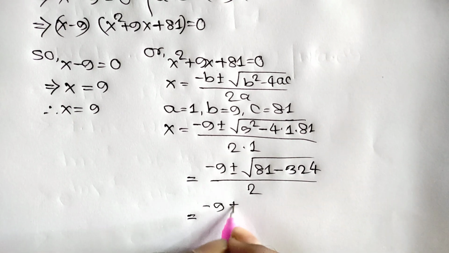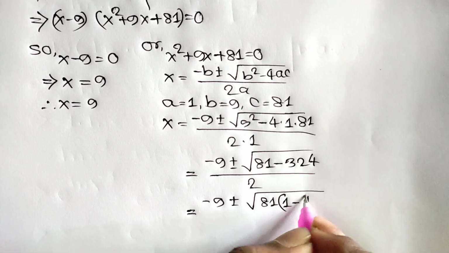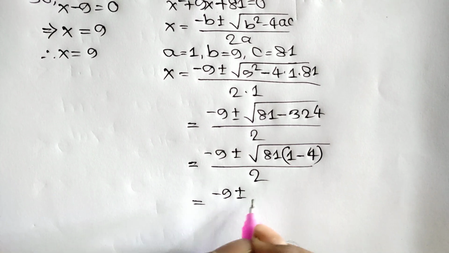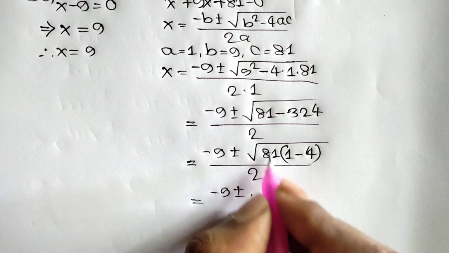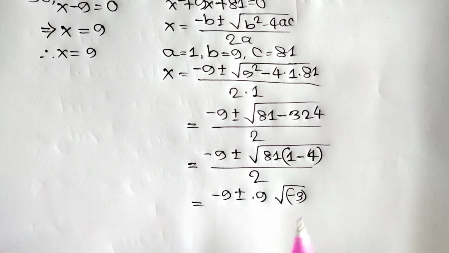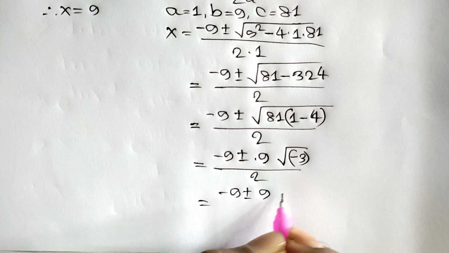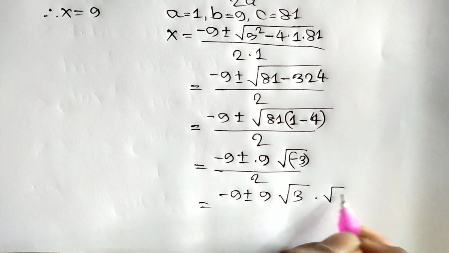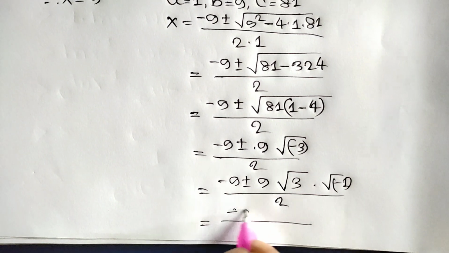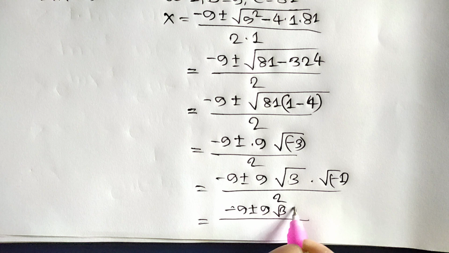Or minus 9 plus or minus, taking common 81, we can write 1 minus 4 over 2, is equal to minus 9 plus or minus 81 square root, so it will be remaining 9, and square root of negative 3 over 2, is equal to minus 9 plus or minus 9 square root of 3 times square root of negative 1 over 2, is equal to minus 9 plus or minus 9 square root of 3 i over 2.